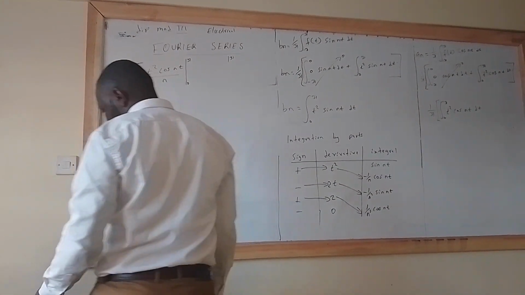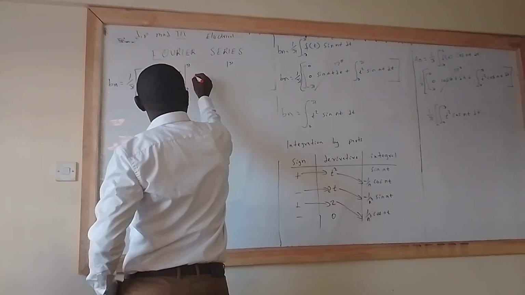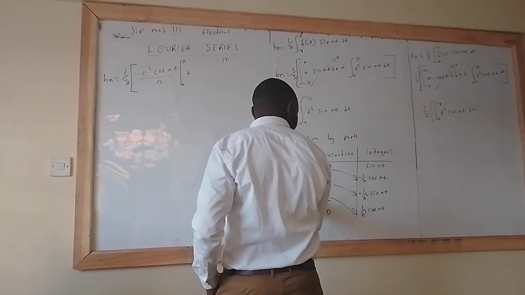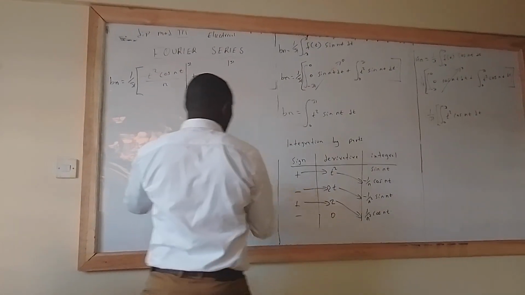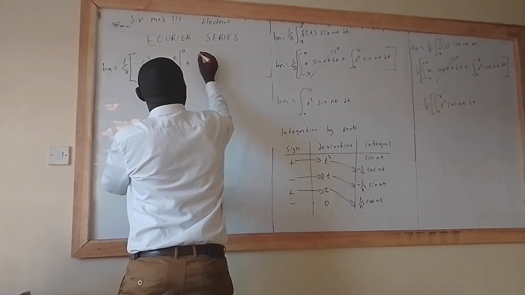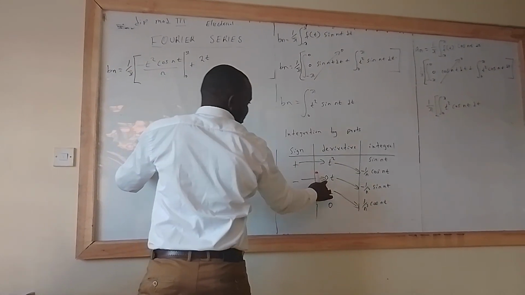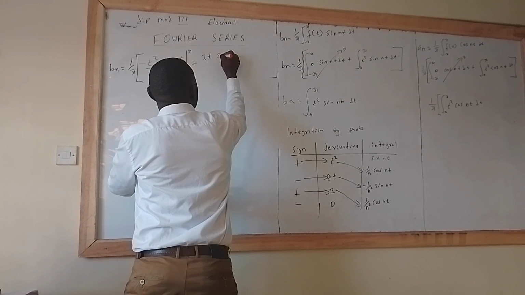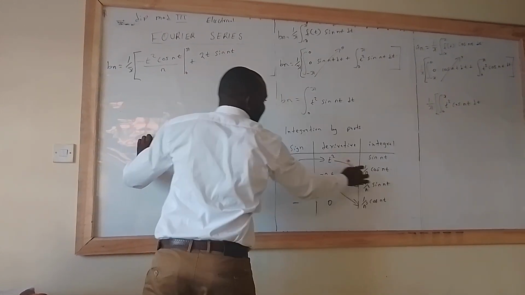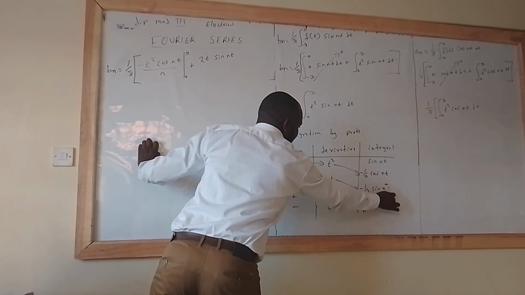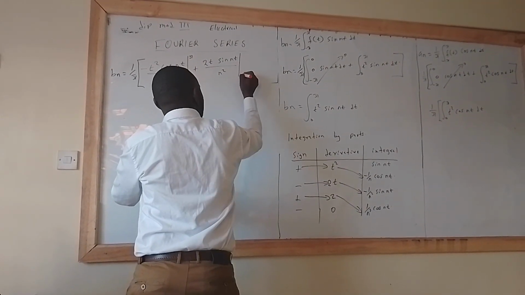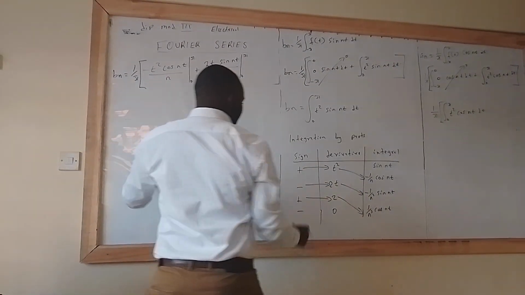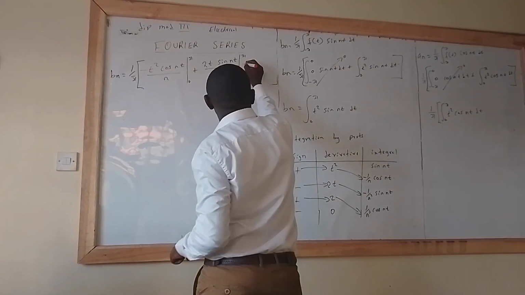Plus the second one, negative becomes positive, so I have 2t sine of nt divided by n squared in the range of 0 to pi.